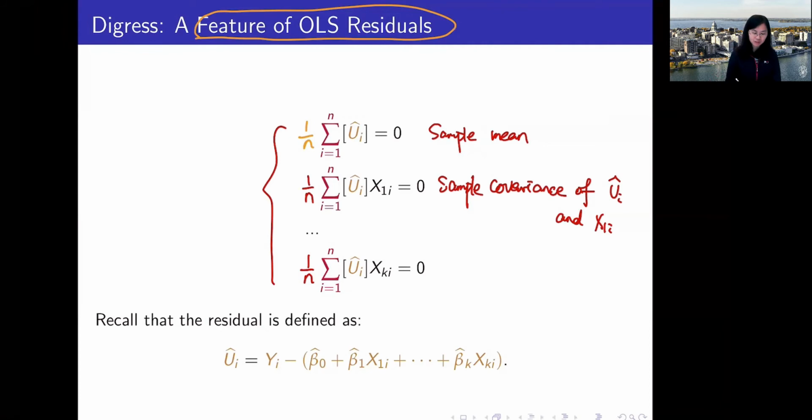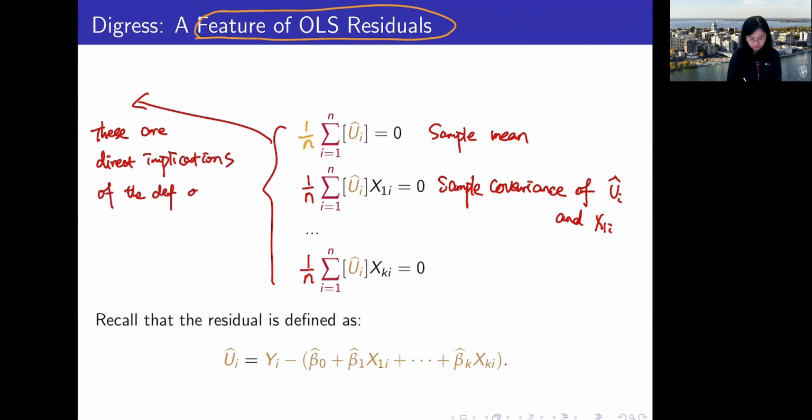And so these equations are actually features of the definition of the estimator. It actually has nothing to do with what we assume on the model itself. These are direct implications of the definition of the beta hats, the estimators, and the regression residual.